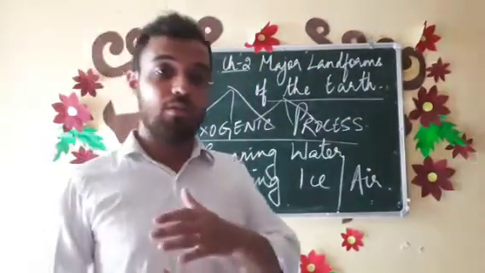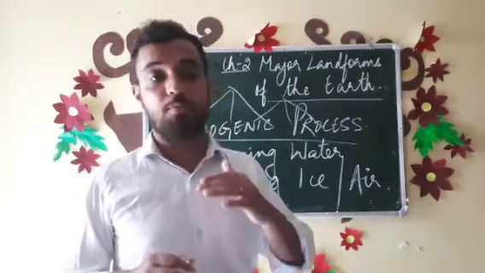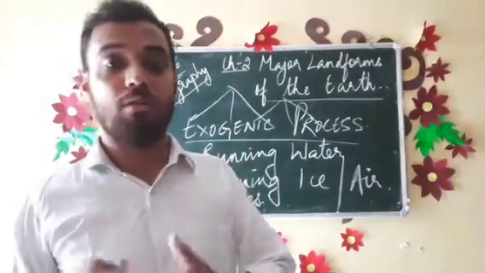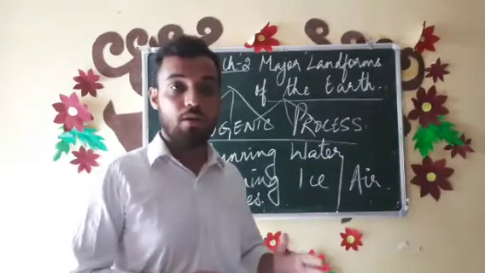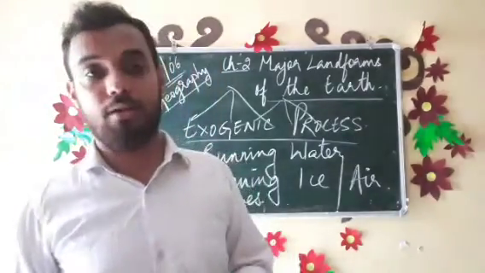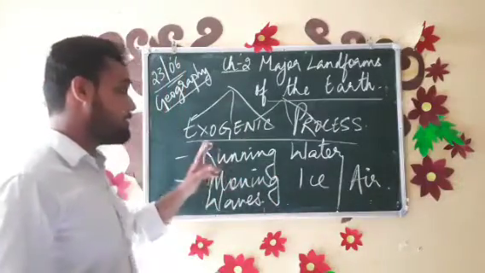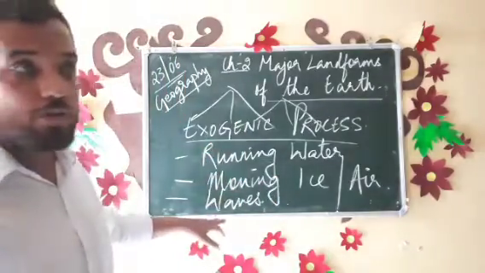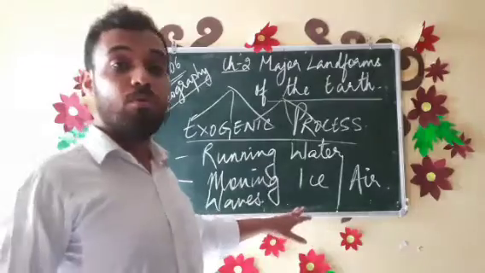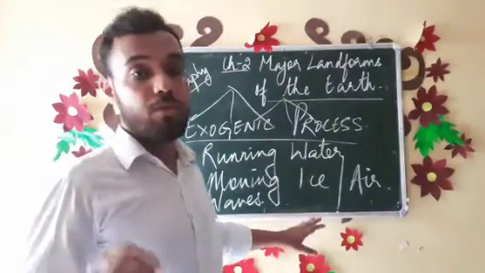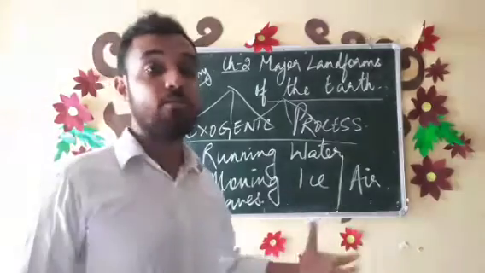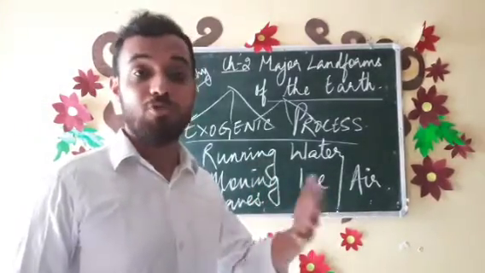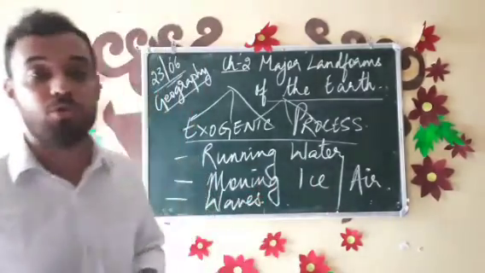Like that, each and every particle that is present on the surface of the earth is being carried away from one place to another, and these are called external factors. What are external factors? The examples are already mentioned, and these are also the agents of erosion. So please keep it in mind, external forces help in erosion, weathering and deposition.